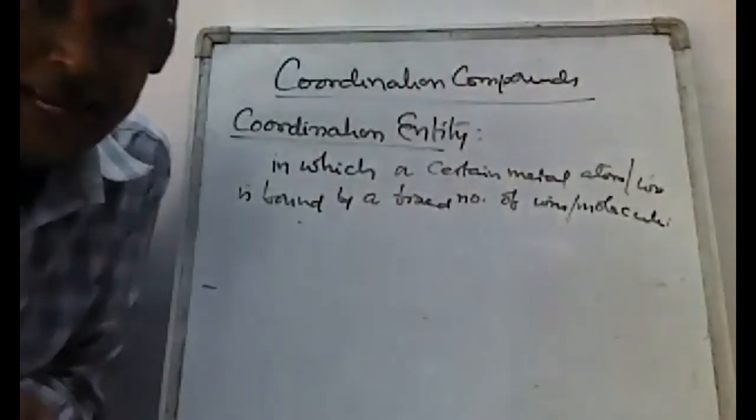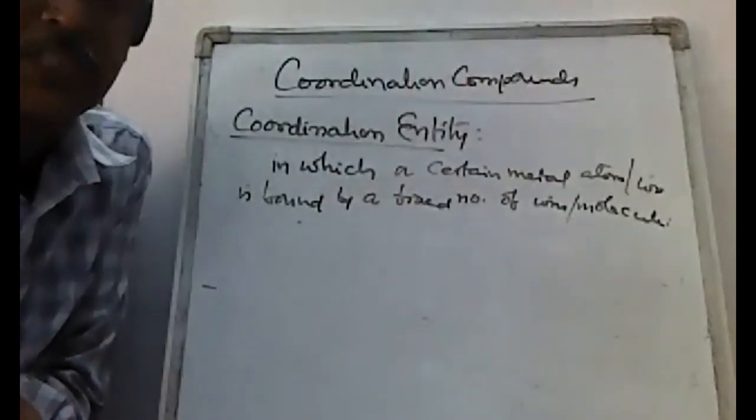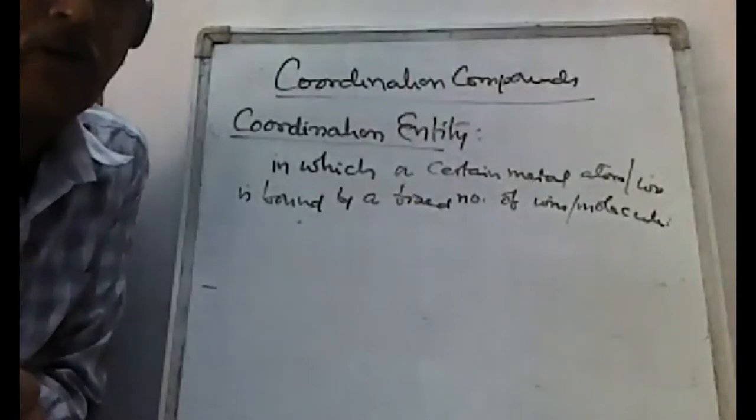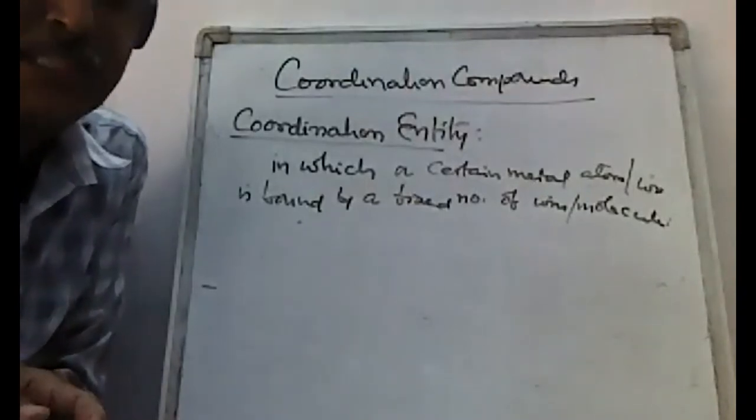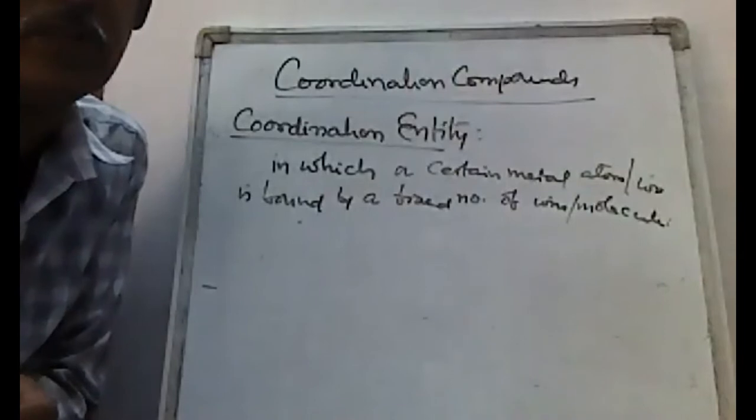A coordination entity is one in which a certain metal atom or ion is bound by a fixed number of ions or molecules.